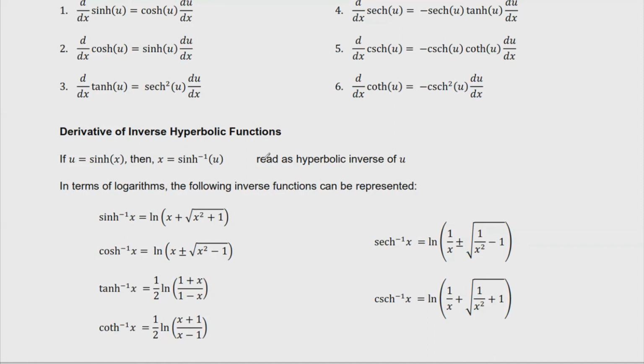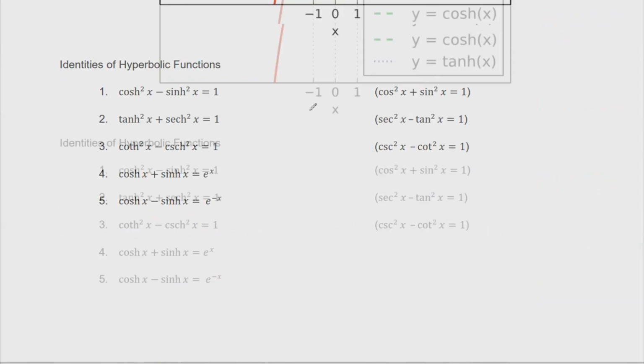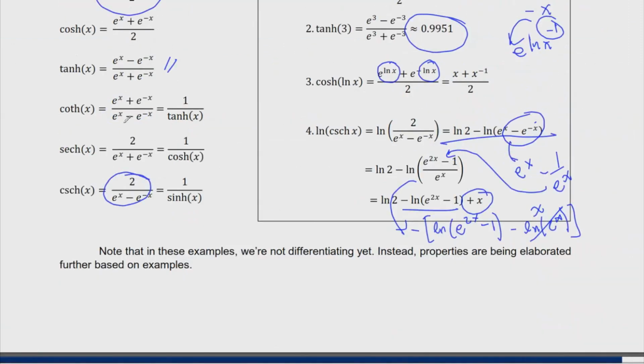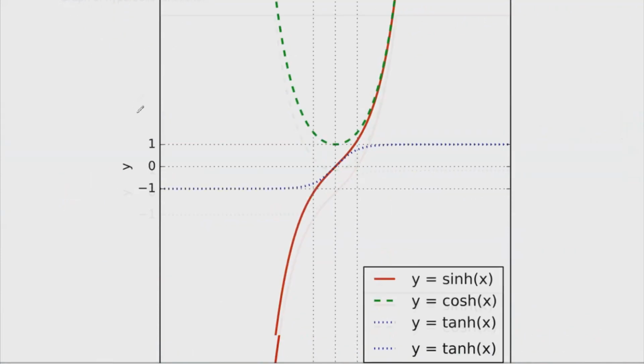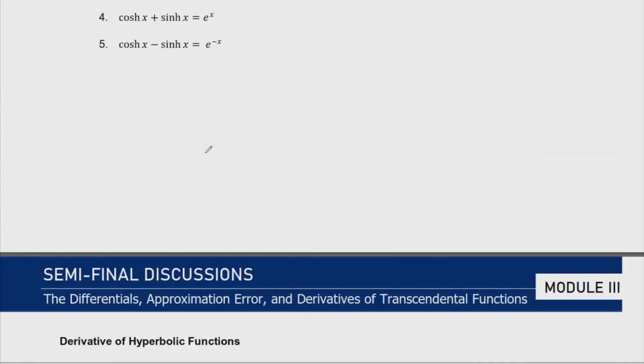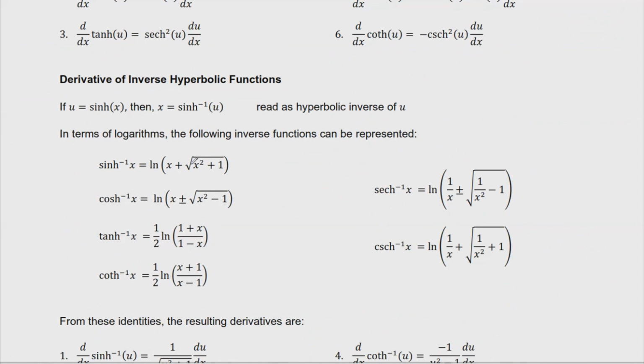Because these functions, remember, have an equivalent value, if you take the inverse of this, we would expect the inverse to have a logarithm, because we have an exponential function for that. And these are the expressions when we take the inverse of each of the hyperbolic functions. So you might as well want to memorize all of this.